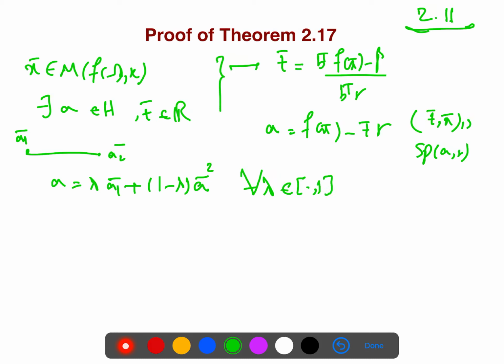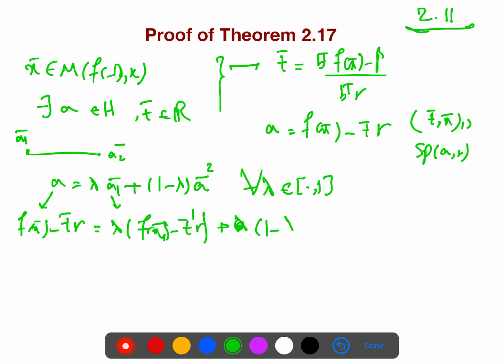And we can just substitute it. a is f of x bar minus t bar r, and a bar 1 we can substitute: lambda times f of x1 bar minus t bar 1 r, plus 1 minus lambda times f of x2 bar minus t bar 2 r. And if the efficient set consists of 1 point only, then it's easy. Then lambda is either equal to 1 or equal to 0.